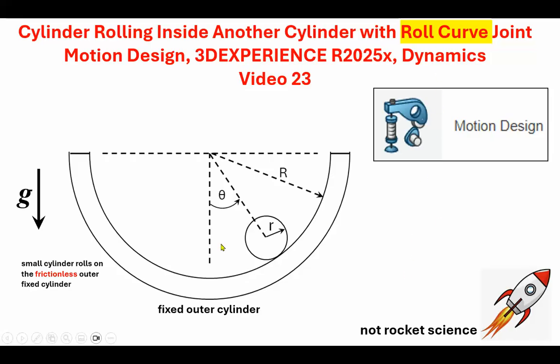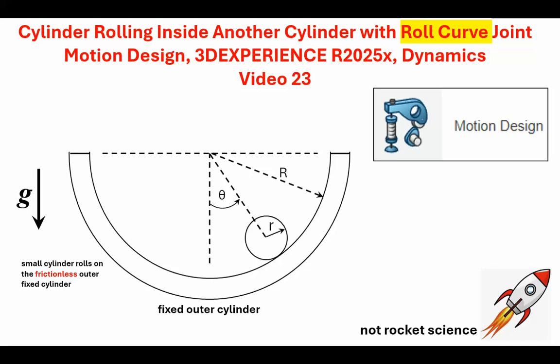We assume that the surface is frictionless, and just keep in mind that rolling does not take place without having some friction. However, in this problem, I'm going to assume that rolling takes place somehow. I'm not going to even model the friction, because when you use a roll curve joint, that frictionless assumption is by default what's going to happen.